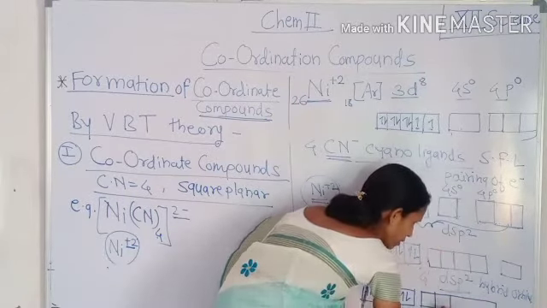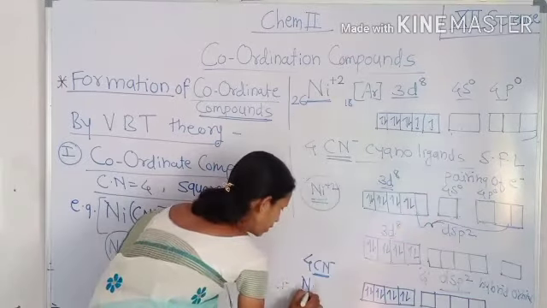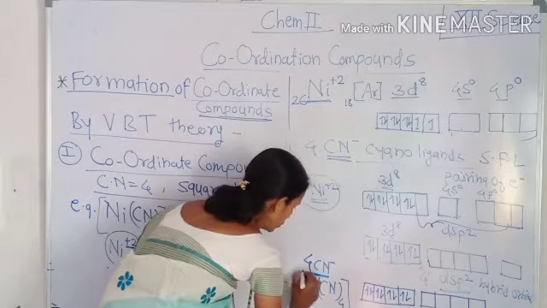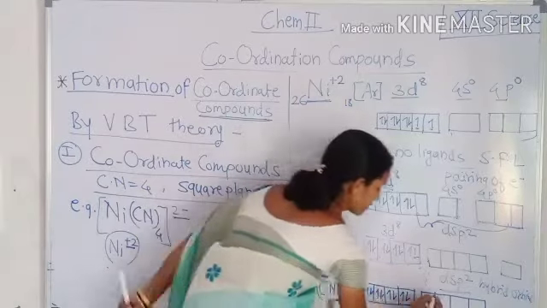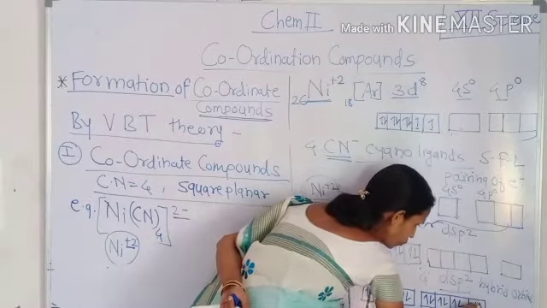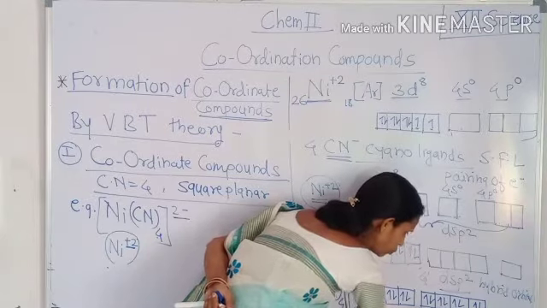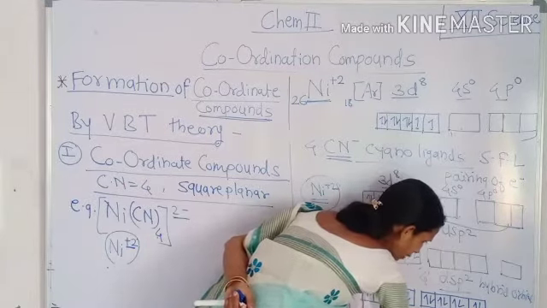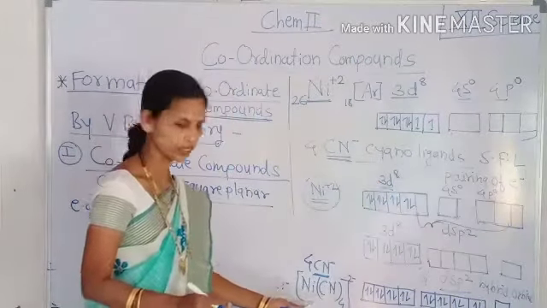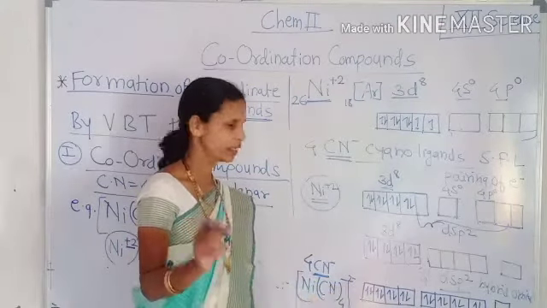the electronic configuration of the valence orbitals in the coordinate compound [Ni(CN)4]2- is such that 2 electrons from each of the 4 cyano ligands are donated, and here the complex formation, that is [Ni(CN)4]2- complex formation, takes place.